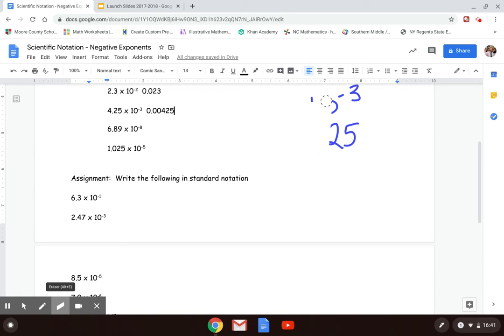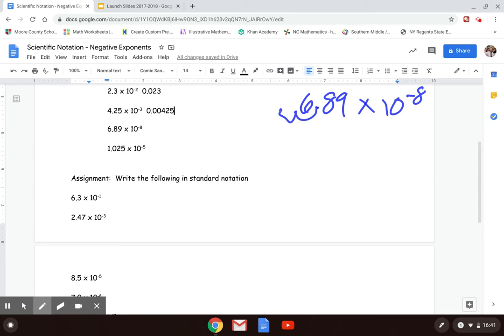Now I've got 6 8900ths times 10 to the negative 8th power. Since it's a negative exponent, my number is going to get much smaller. So I'm going to move 8 places to the left this time. Move the decimal 1, 2, 3, 4, 5, 6, 7, 8.